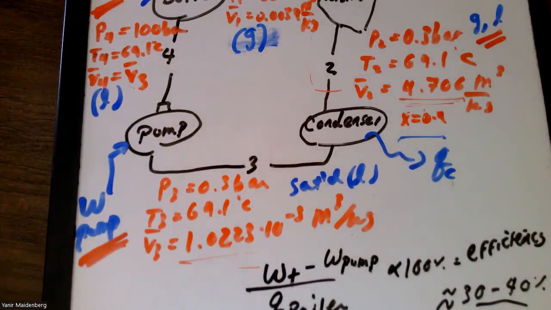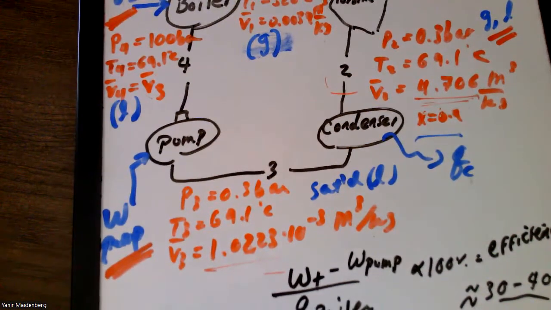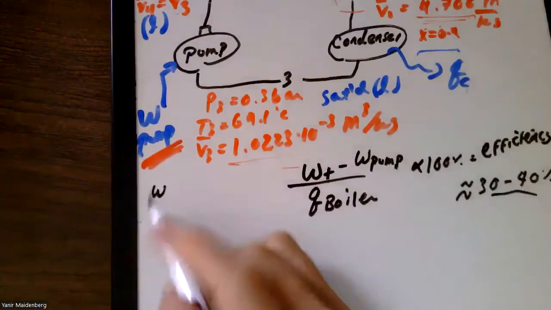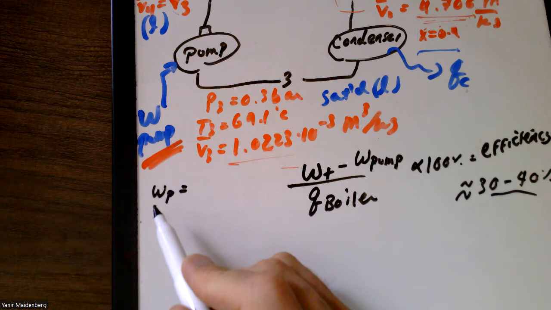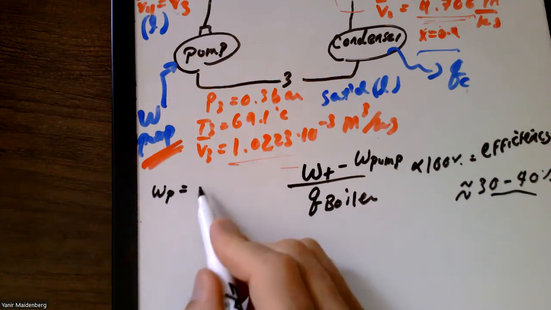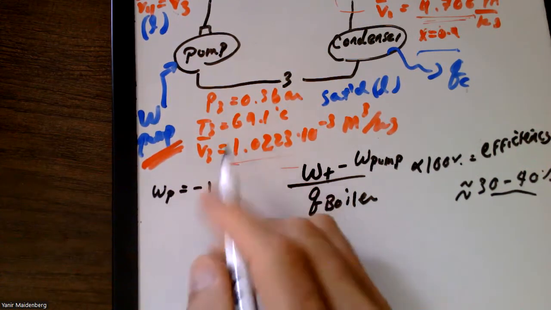So the work of the pump in this example, just to tell you, if you work it out, and we will do this in greater detail with actual numbers, ends up being negative 10, so we'll say absolute value.